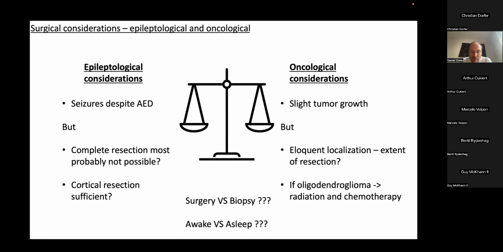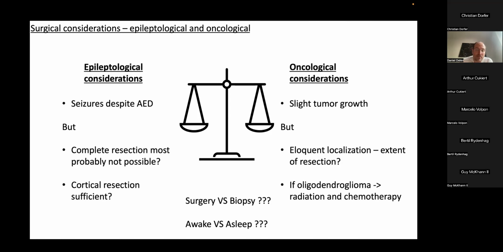So we were discussing: do we do surgery or do we do biopsy? We have a hotspot, so we could actually do a biopsy from this hotspot. And if we decide for the surgery, what would we do? Do we do it awake or do we do it asleep? Awake would give us the possibility to map the language in a very nice way, especially in the white matter area, in a subcortical way.